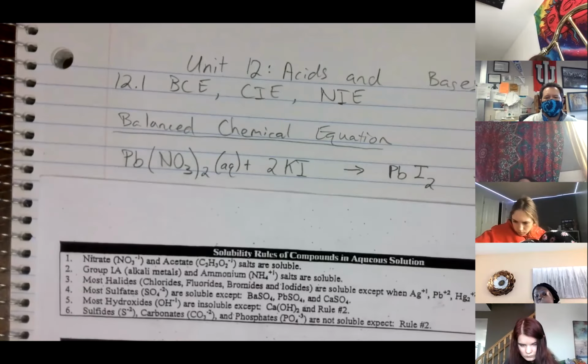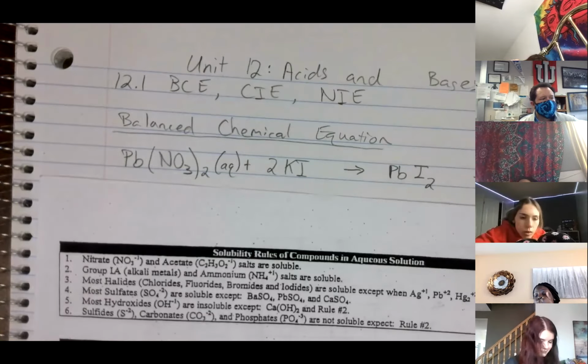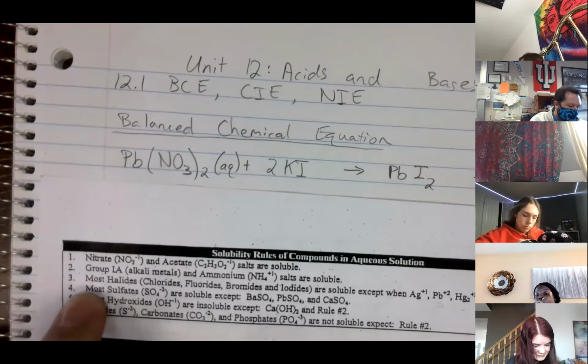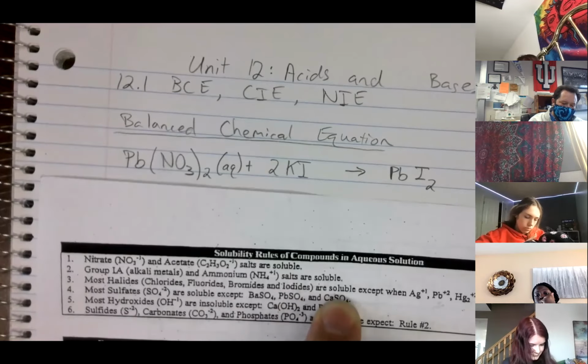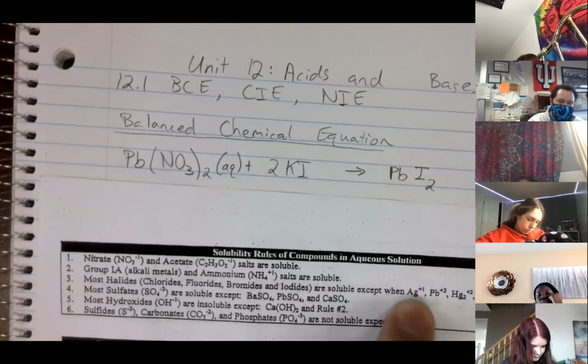How about potassium iodide? Anybody see a rule for KI? Awesome, I see some fingers up. Absolutely. Rule 3, halides, which includes iodide, are soluble. There are a couple of exceptions, but K is not one of them.